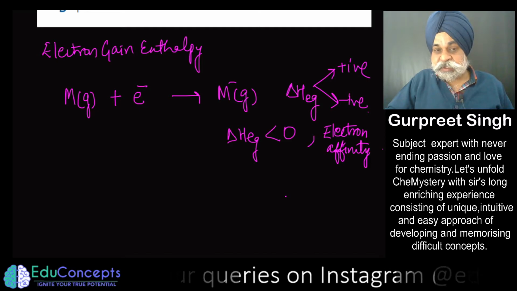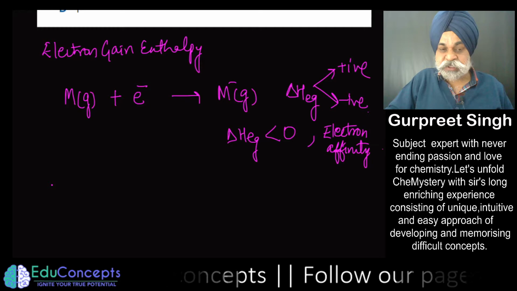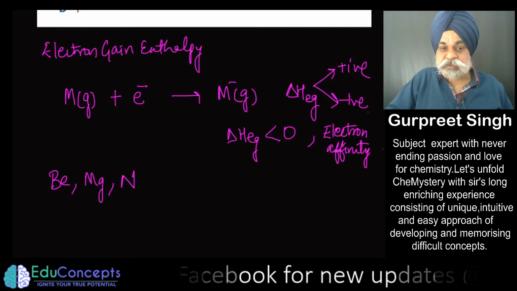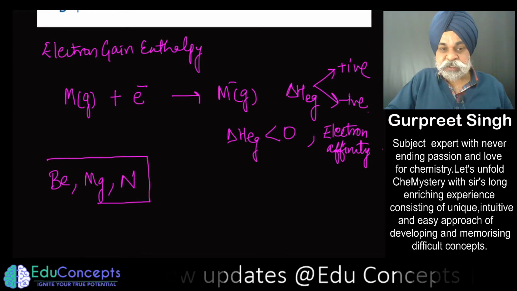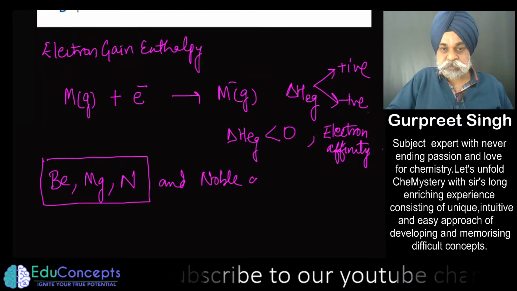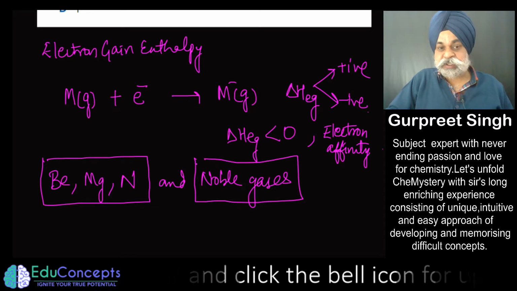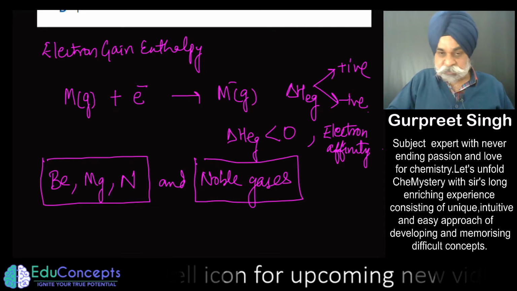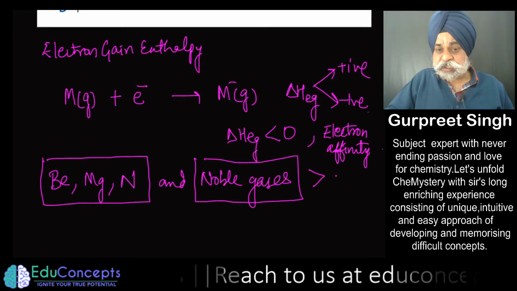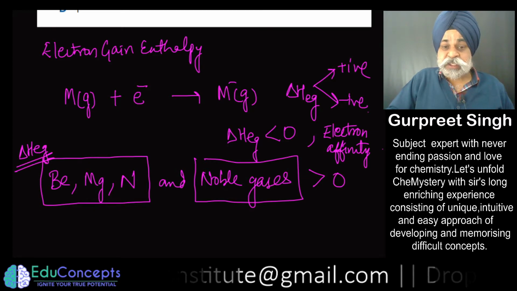But there are some elements, and this is what you have to remember: there are three elements in the periodic table, which are beryllium, magnesium and nitrogen. These three elements, along with the noble gases, you have to remember in today's session, have electron gain enthalpy greater than 0.